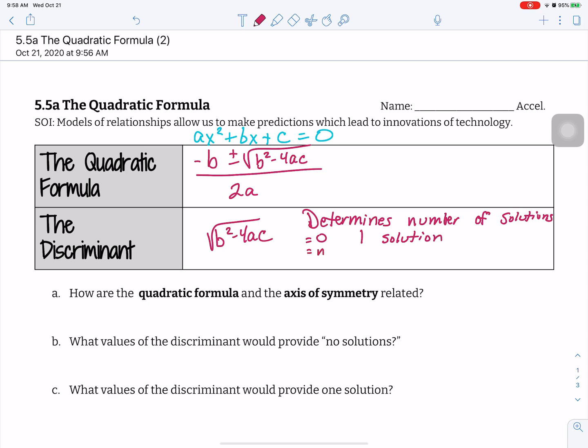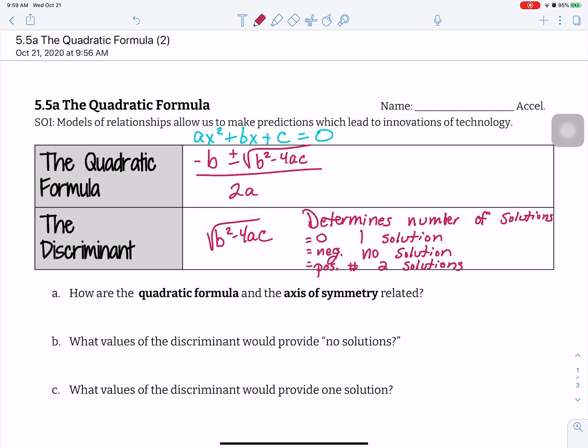If it equals a negative number, there's no solution, because it's not possible to take a square root at this point of a negative number. Or if it equals a positive number, there are two solutions. We can't have more than two solutions. There's only two times that we can cross that x-axis, because our graph has that U or an upside down U shape to it.